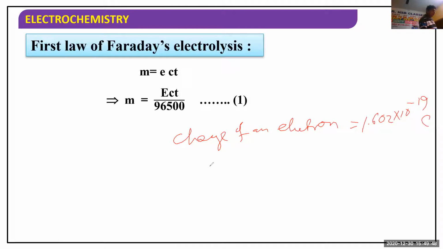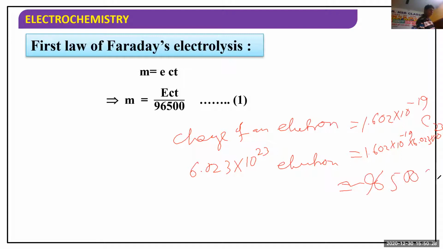Then the charge of 1 mole of electrons, 1 mole meaning 6.023 into 10 to the power 23 electrons, equals 1.602 into 10 to the power minus 19 into 6.023 into 10 to the power 23, which is actually 96484, or nearly about 96500 coulomb.